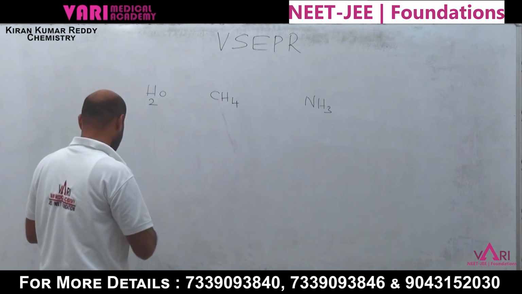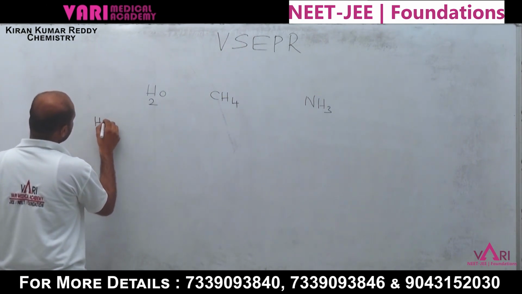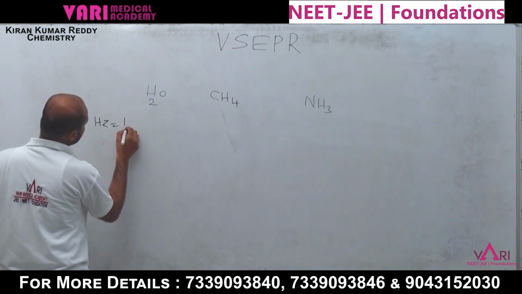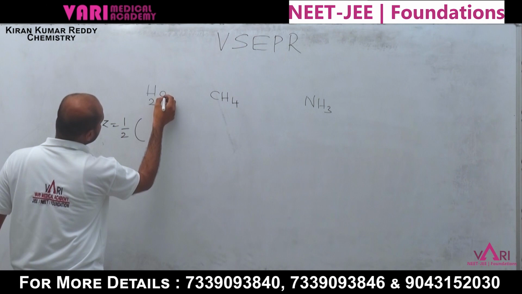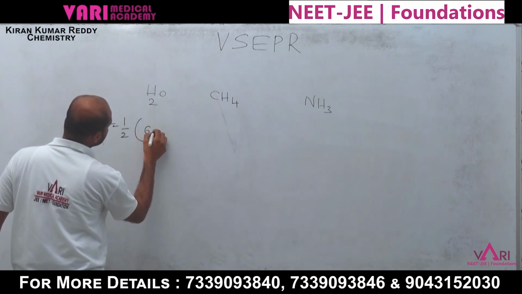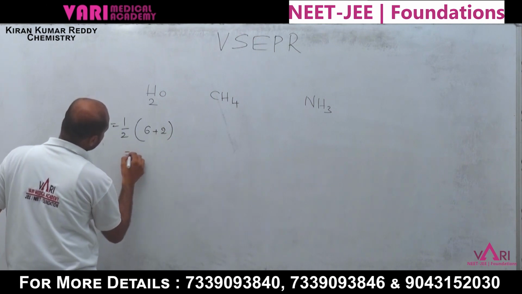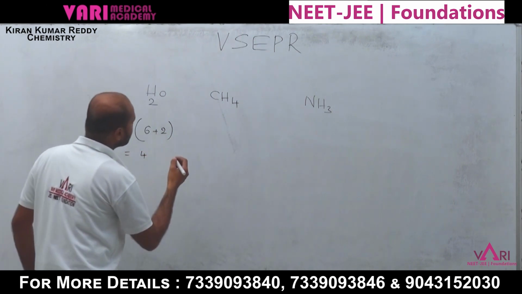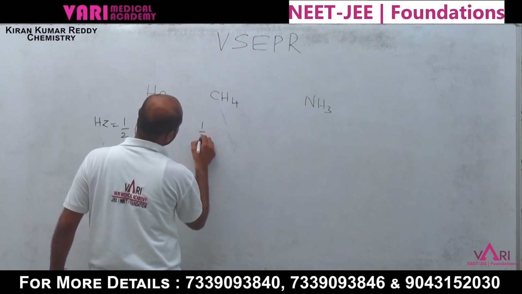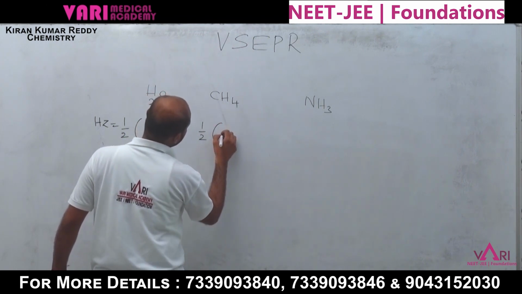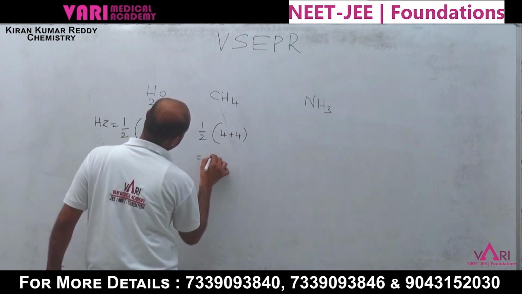Now, what is the hybridization of these? The hybridization formula is 1/2 of the valency electrons of the central atom plus monovalent atoms. For water, the central atom has 6 valency electrons, group number 6, plus 2, that is 8, so 8/2 is equal to 4. Here also methane: the hybridization formula is 1/2, valency electrons of carbon 4 plus 4, that is also 4.